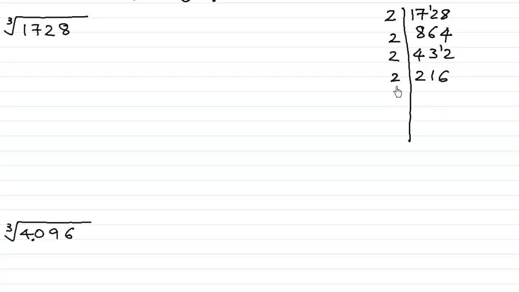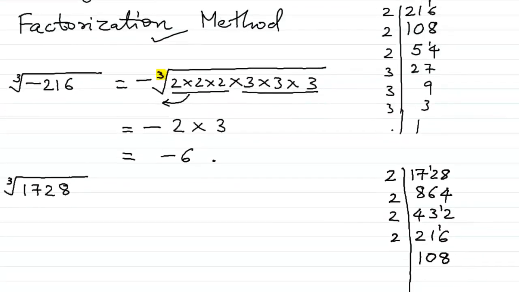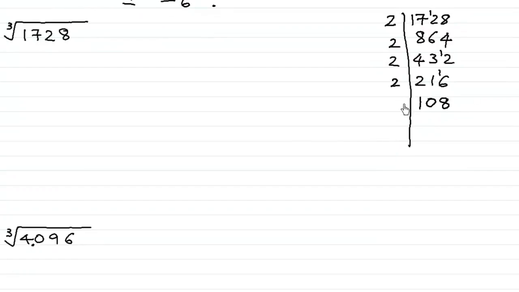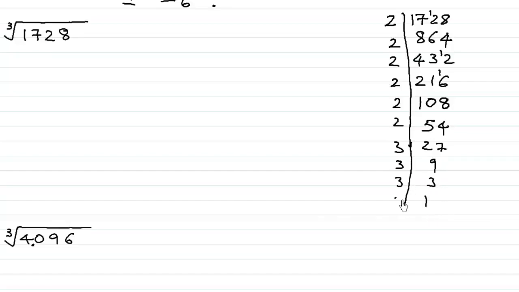Then again with 2, 2 1s are 2, 0, and then we have 2 8s are 16. We just did this above, 216. We are going to repeat the same thing. 2 5s are 10, 2 4s are 8, 2 27s are 54, and then we know it's 3 9s are 27, 3 3s are 9, and 3 1s are 3.